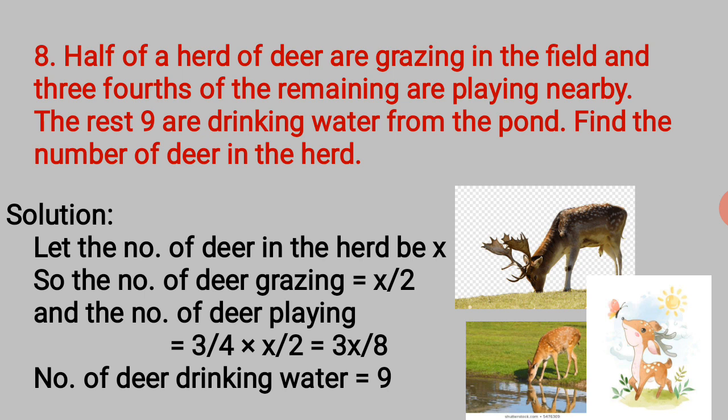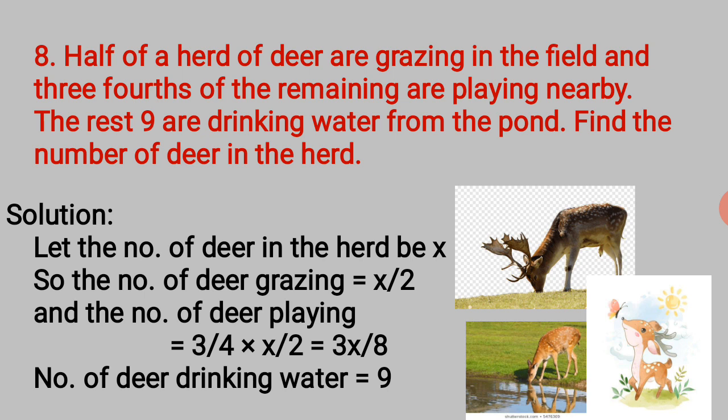Many deer are there. You are somewhere over there. You know that half of that entire herd, they are grazing. And the next 3/4 of the remaining, I mean 3/4 of the other half, they are playing nearby.